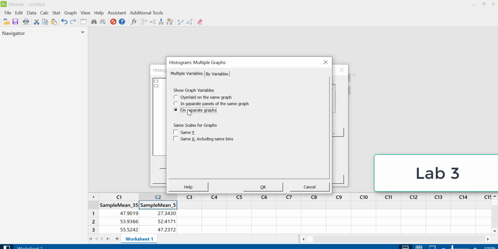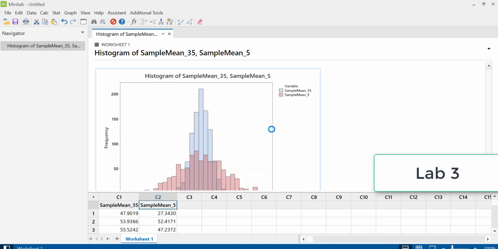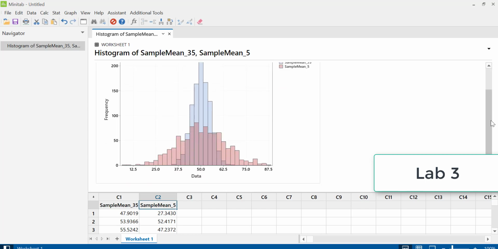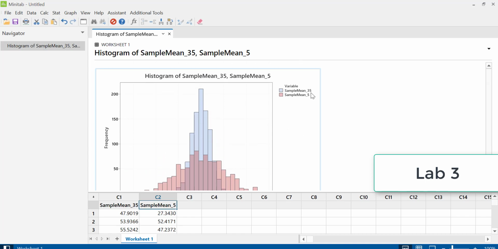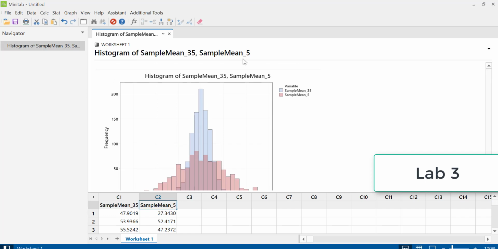Multiple graphs overlaid in the same graph. Let me see what this looks like. Okay, so this is one way to compare the samples. This is about the sample means distribution, and we have different sample sizes, right? But we conducted 1,000 experiments.